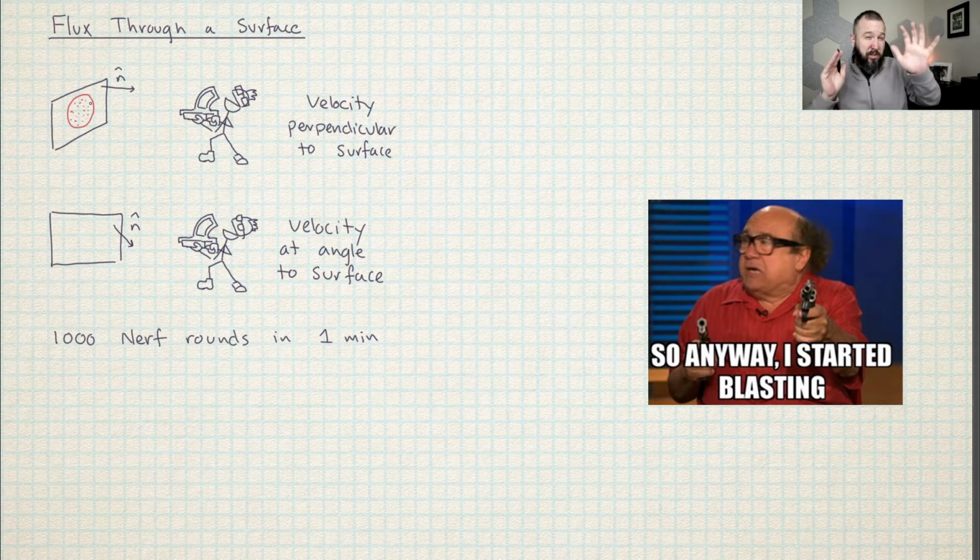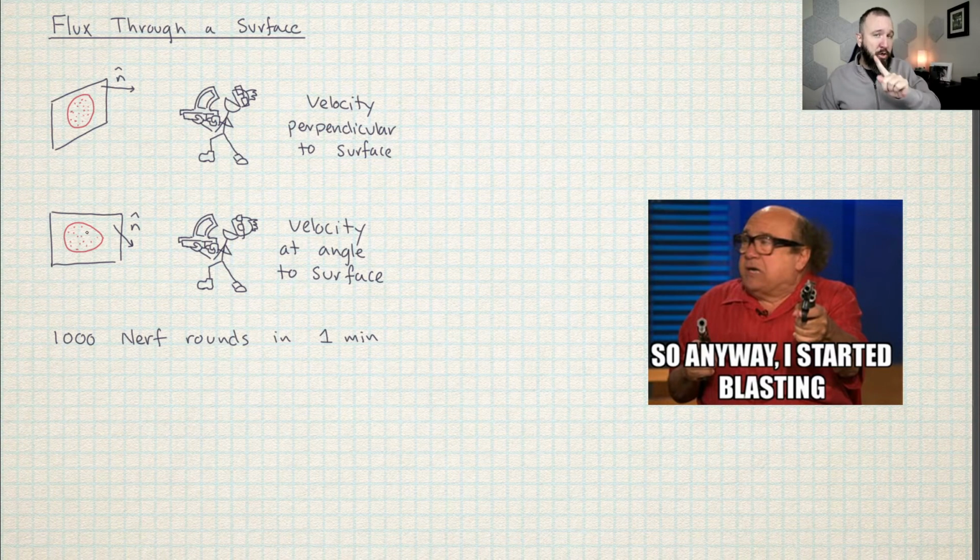And then in the second situation, here's the crucial thought. Because he's at an angle, that means that the spread will get elongated out like that. So this means that the Nerf rounds will be hitting over a larger area.